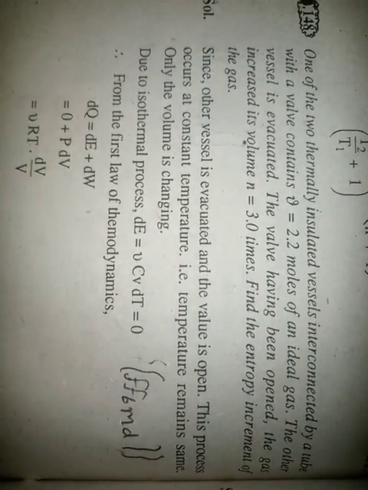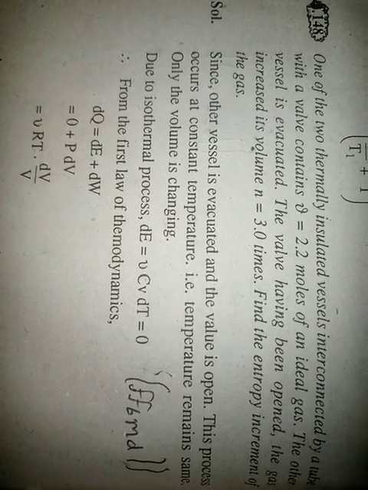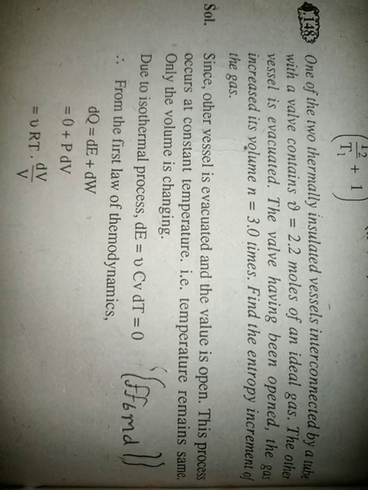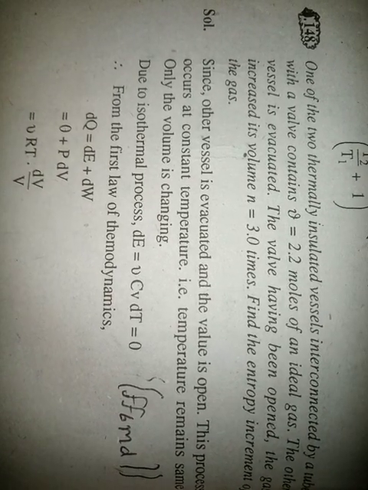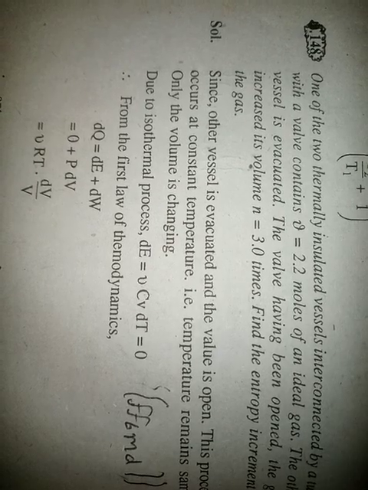Solution: since the other vessel is evacuated and the valve is open, this process occurs at constant temperature. The temperature remains the same, only the volume is changing. Due to the isothermal process, dU equals nu Cv dT equals 0.